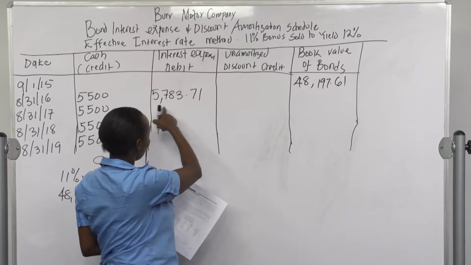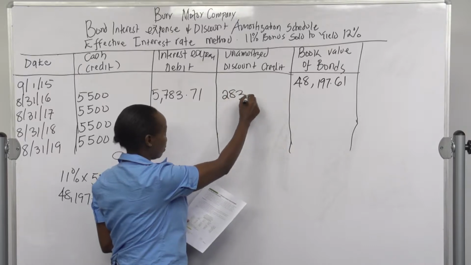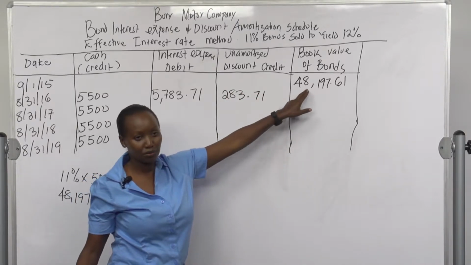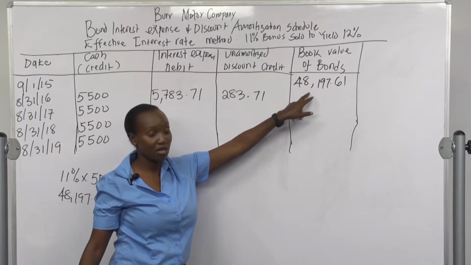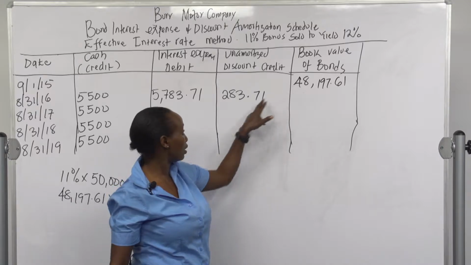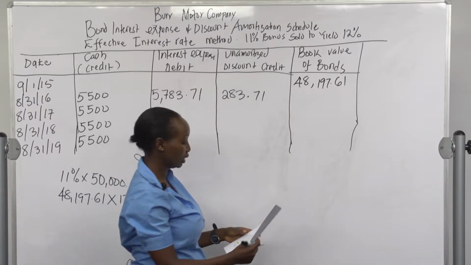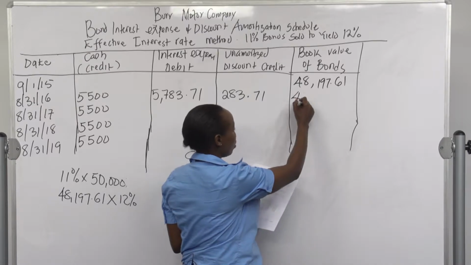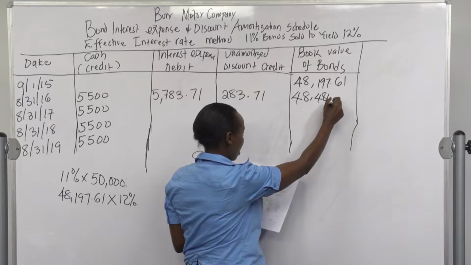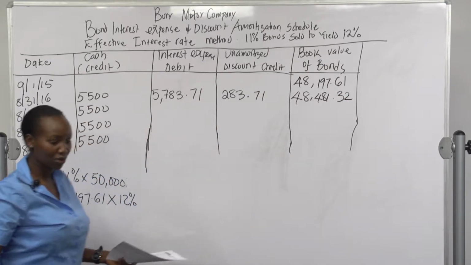The difference between these two is $283.71, and that's our amortization for the discount. Note that this was at a discount because the face value of the bond is 50,000. So we take this, add $283.71 to it, and we get our next number, 48,481.32. And we repeat again what we just did.